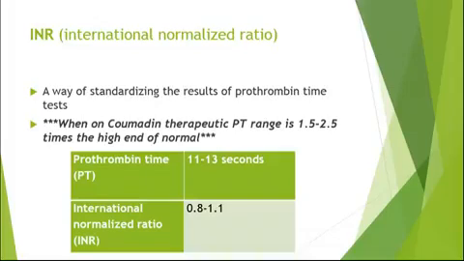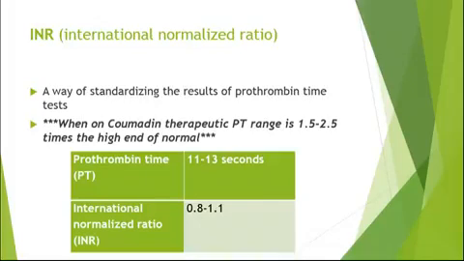And the prothrombin time, or the PT, is affected by the type and amount of reagent used. And so if they use different reagents in the different lab facilities, it could be an inconsistent way of monitoring.